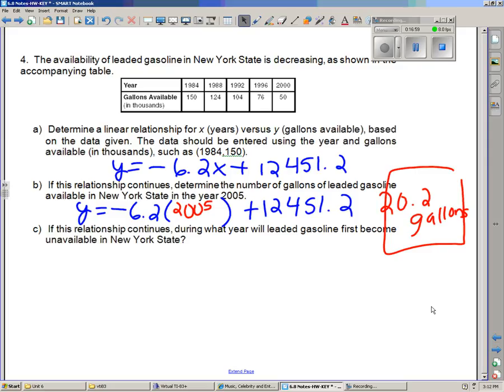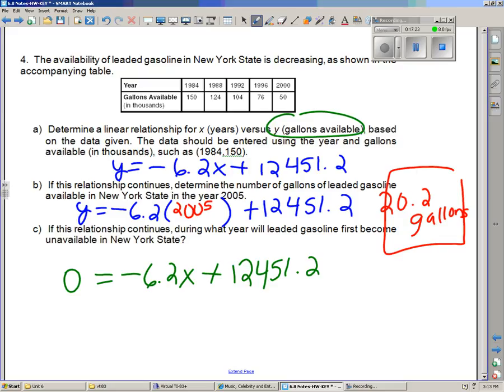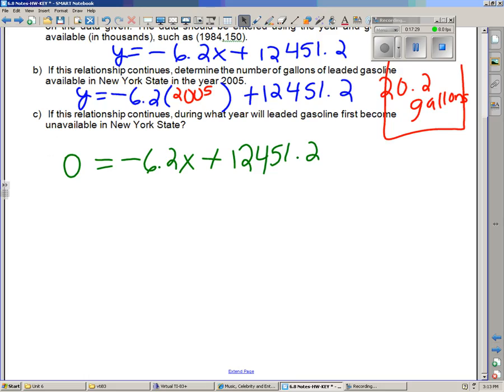And then if this relationship still continues, during what year will leaded gasoline first become unavailable to the state? Well, it's unavailable if we don't have any gas. And if you don't have any gas, then the gallons available is going to be 0. So 0 is going to be negative 6.2x plus 12451.2. To solve for x, you subtract 12451.2 from both sides, and you'll get negative 12451.2 equals negative 6.2x.